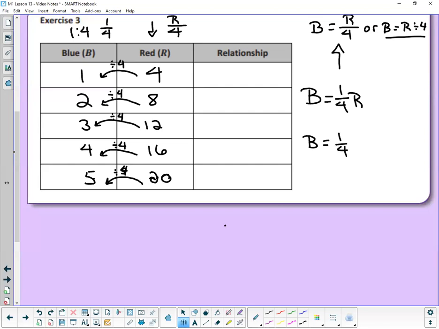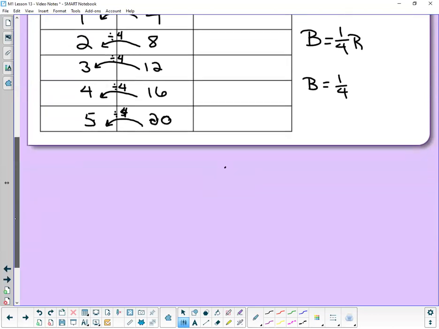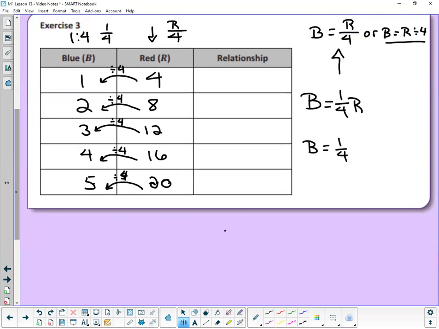Now, I am throwing so much at you in this lesson. That's okay. You guys can handle it. I have faith in you. This dot also means multiply. So when you use the X, that means multiply. So does that dot. So now this means I'm going to do 1/4 times R.